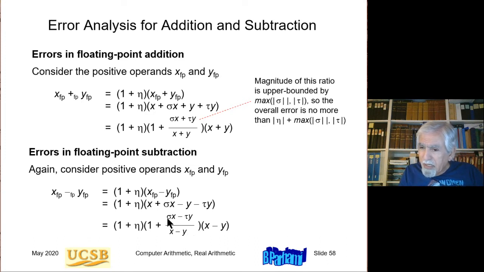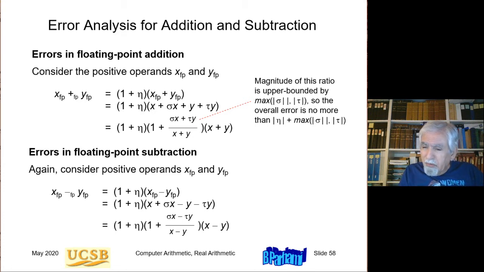So sigma is multiplied by this fraction, x plus y divided by x minus y, which is a very large number in the example that I told you. So if x and y are each about 1 million, x plus y is 2 million, and x minus y can be 1.